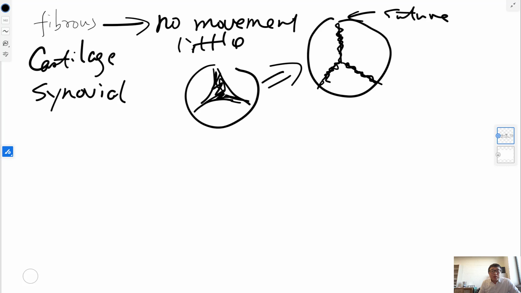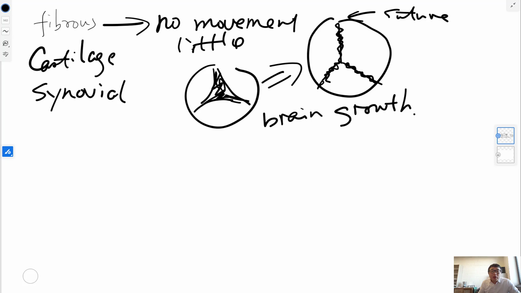It's a dense connective tissue, and the suture remains flexible to allow the skull to keep changing shape, which accommodates the brain growing bigger and bigger. There is a condition, not really a disease, called premature suture fusion.